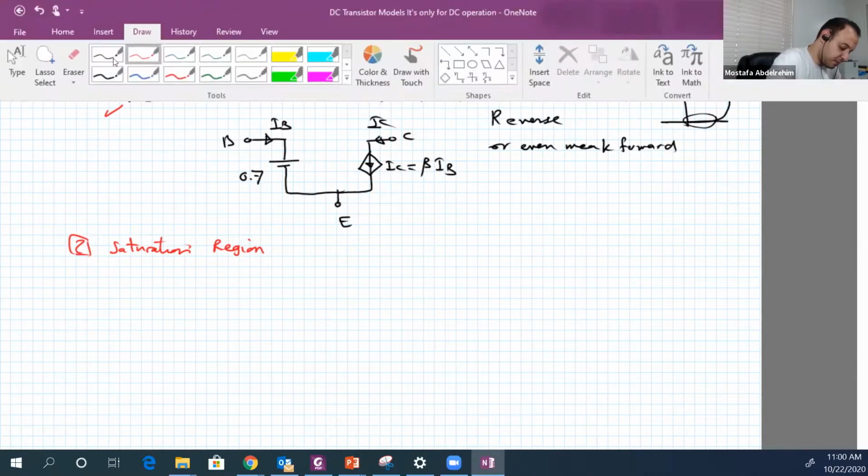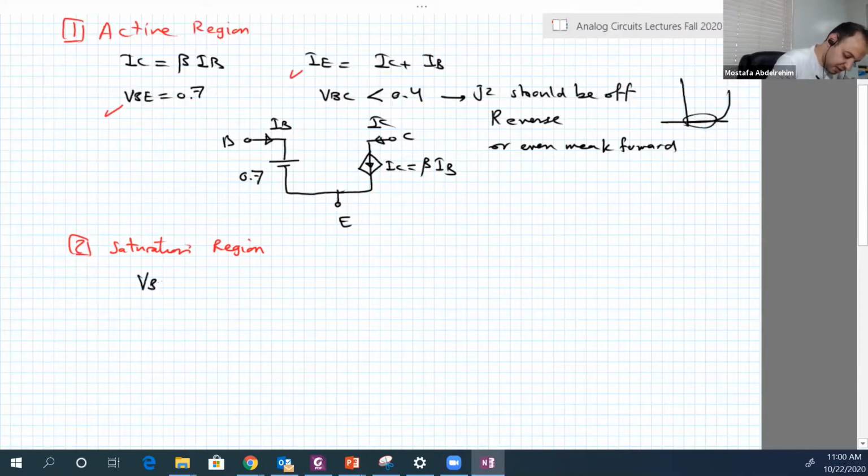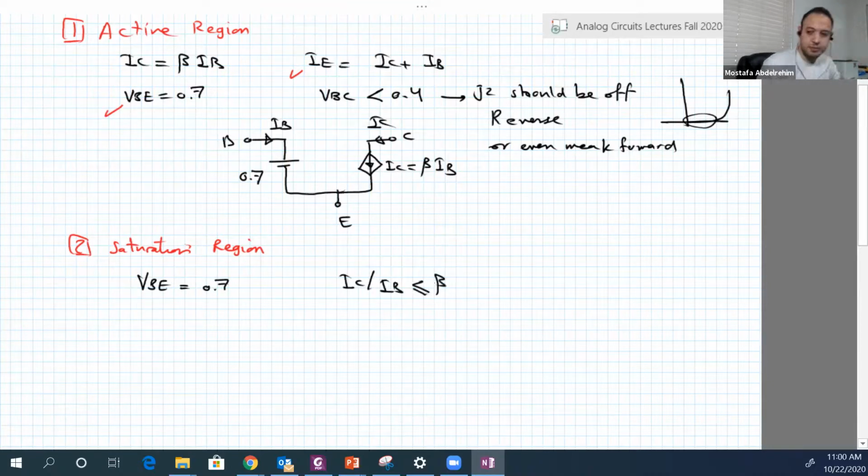VBE is still 0.7. IC over IB is less than or equal to beta. If you find IC over IB larger than beta, of course this will be wrong.